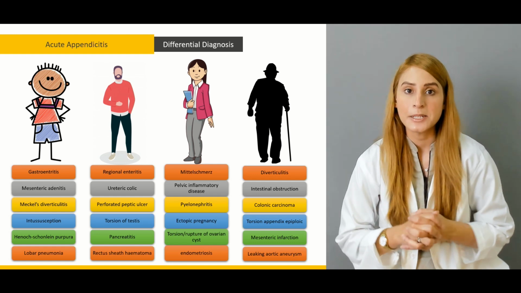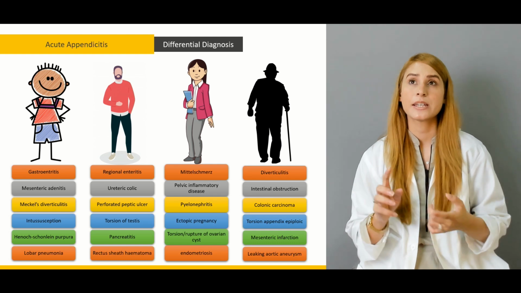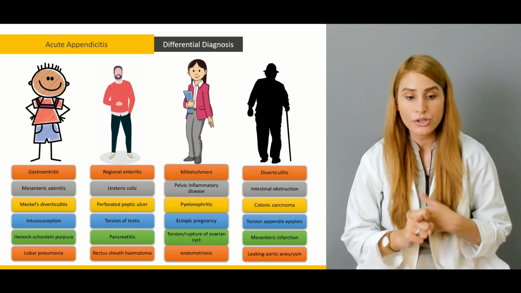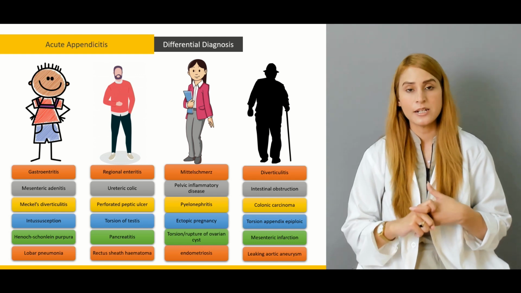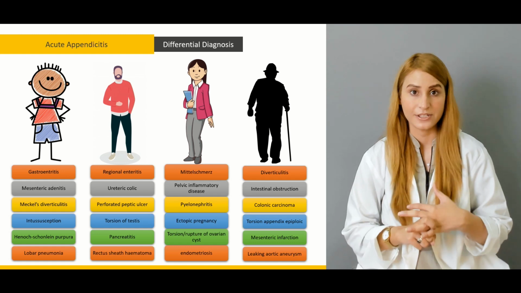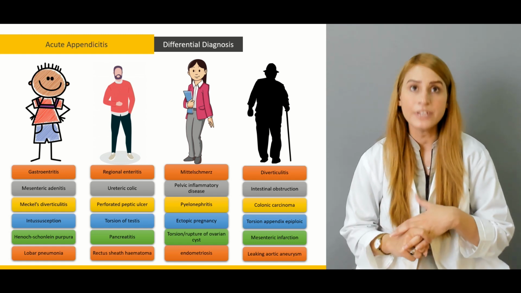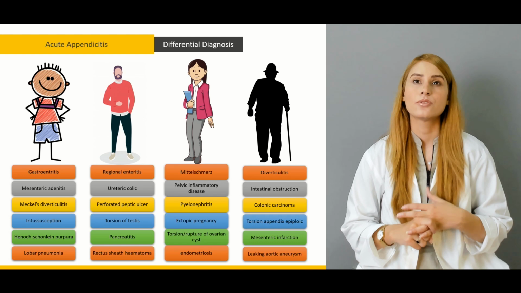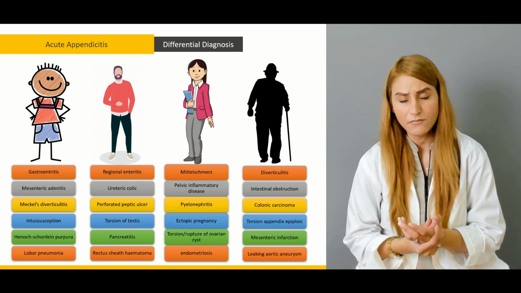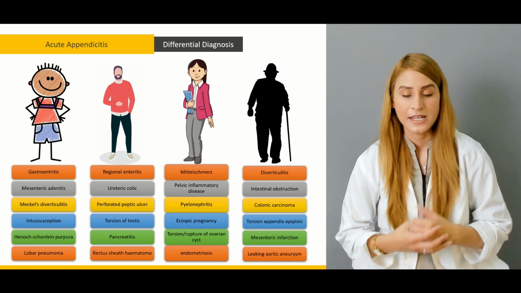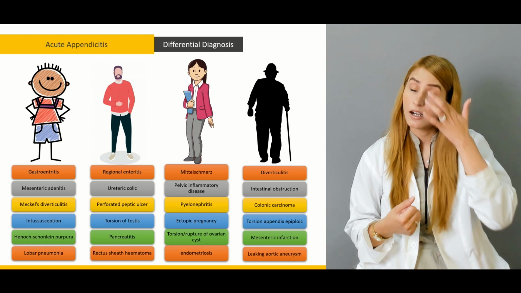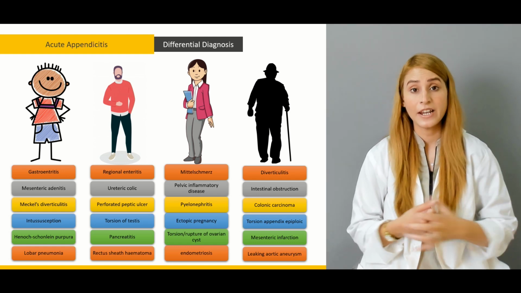In case of adult males, you have to think about regional enteritis, torsion of the testes, perforated peptic ulcer, ureteric colic, pancreatitis, or rectus sheath hematoma. In case of young female, you have to think about other structures like Mittelschmerz, which is basically cyclical pain, and there can be pelvic inflammatory disease, torsion of the ovaries, or there can be ruptured ovarian cyst.